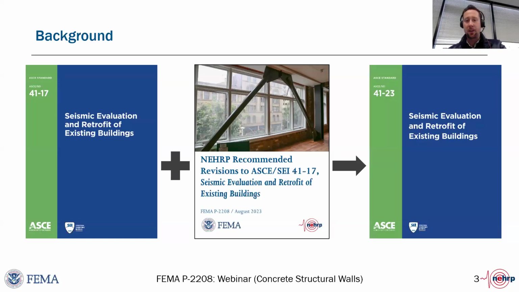So some background. I think Mike already gave us a great background on most of this, but just so that it's clear, this project was intended to provide technical recommendations based on what was in ASCE 41-17 and would influence what then would get ultimately approved in ASCE 41-23. This document with NEHRP recommended provisions is very similar to what's been done traditionally for ASCE 7, but was done now for the existing building world for seismic evaluation and retrofit.